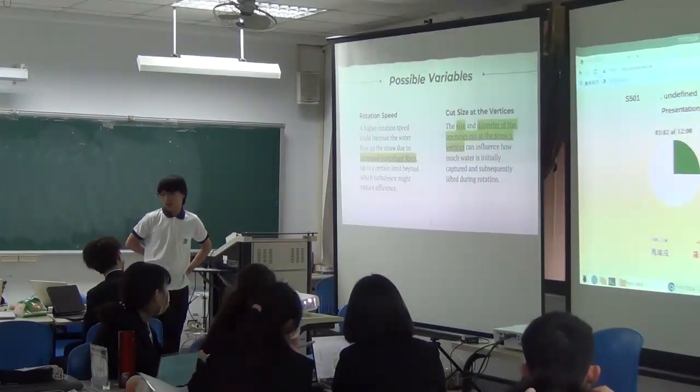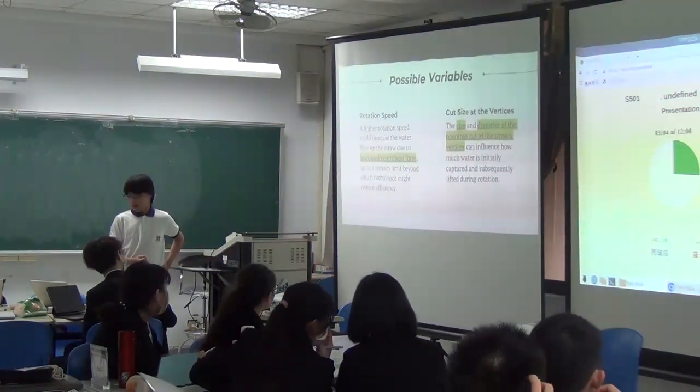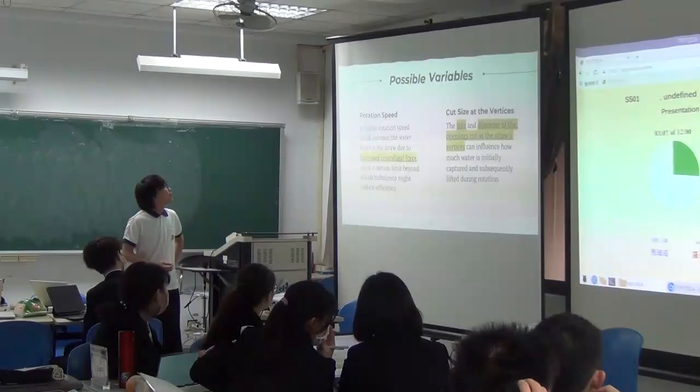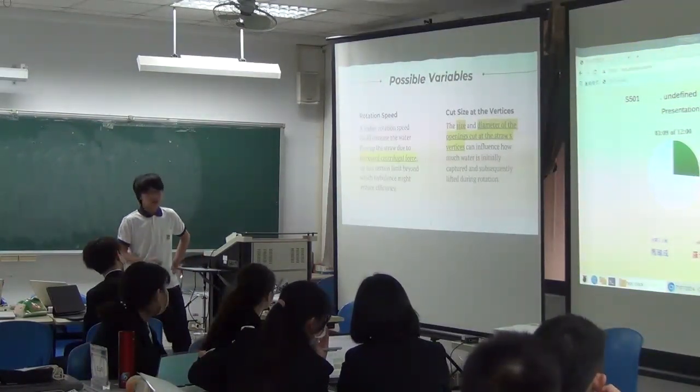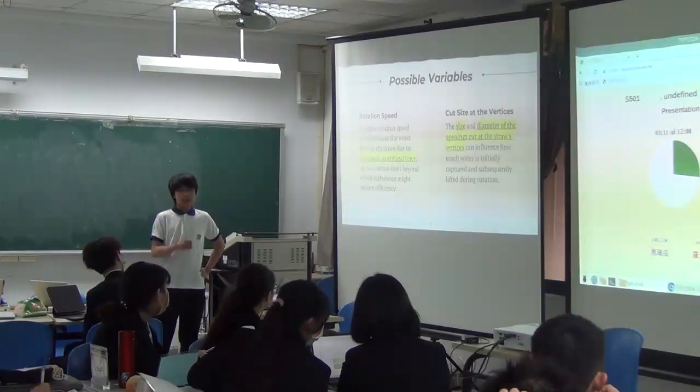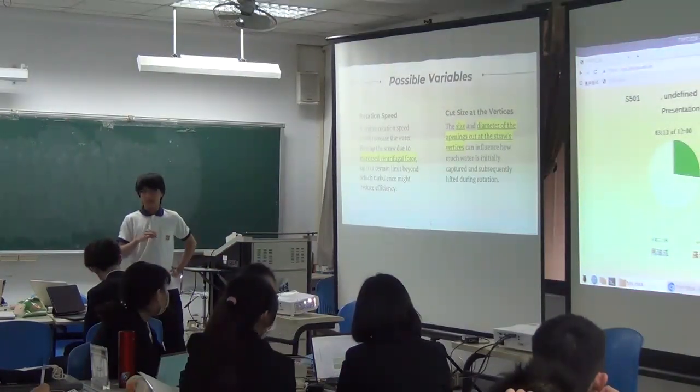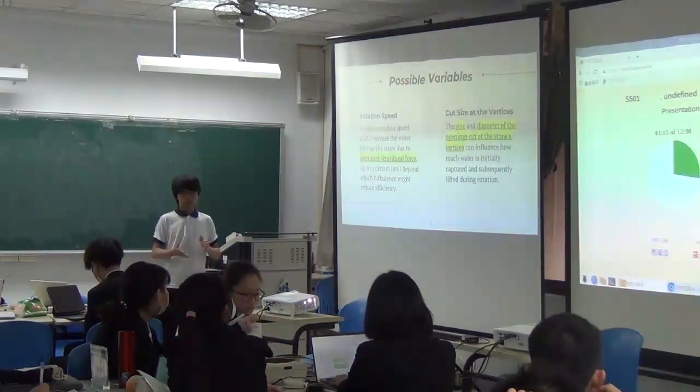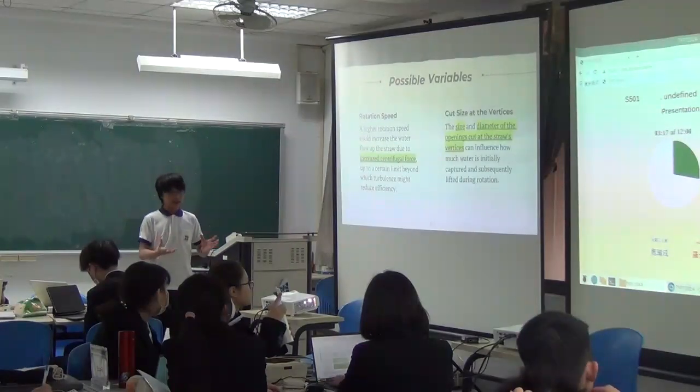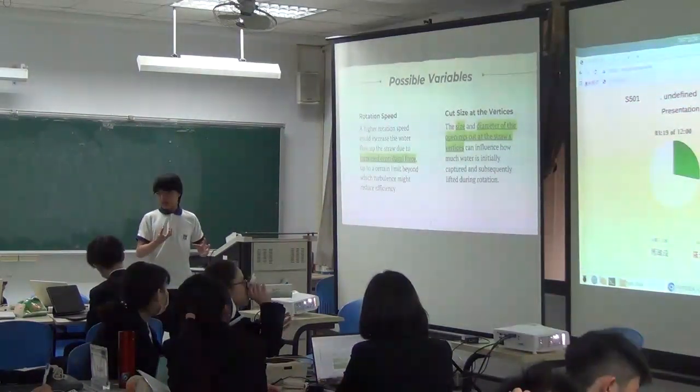And there are some possible variables, like the rotation speed, which might change our result, because rotation speed will affect the power.